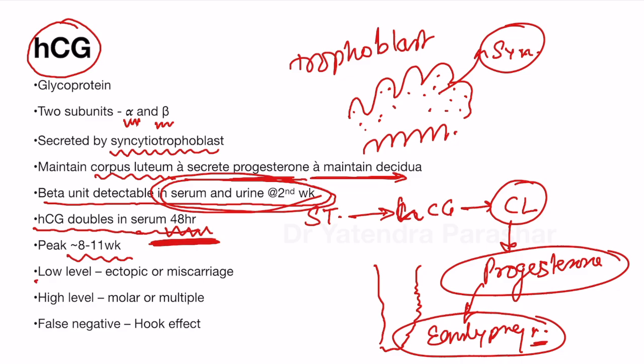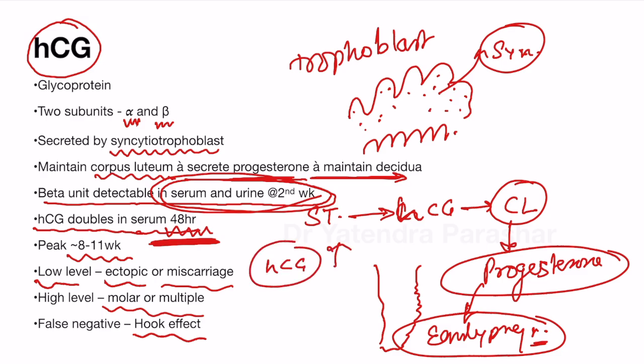Low levels can be seen in ectopic pregnancy or miscarriages. High levels can be seen in molar or multiple pregnancies. False negatives can be due to the hook effect, which is when the HCG level is much higher than the antibody which can detect it.